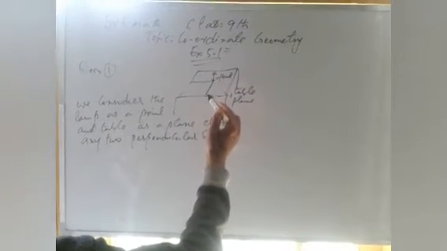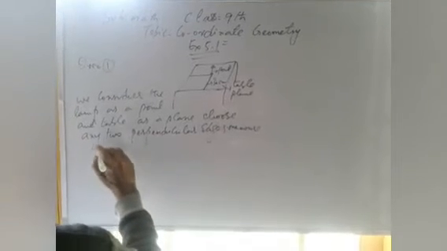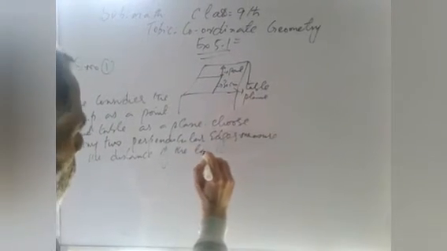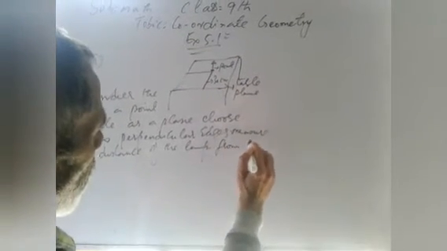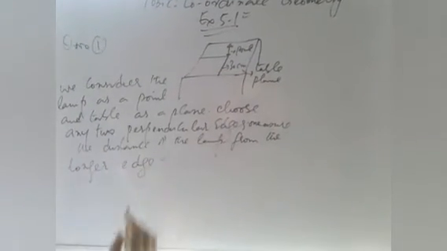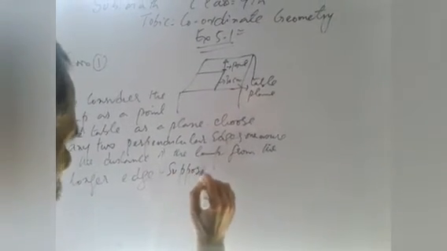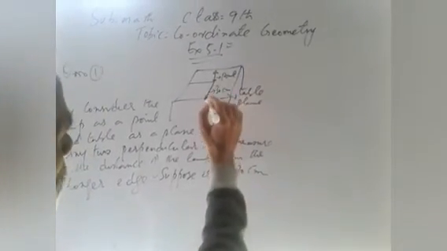Measure the distance of the lamp from the longer edge. Suppose it is 30 centimeters.